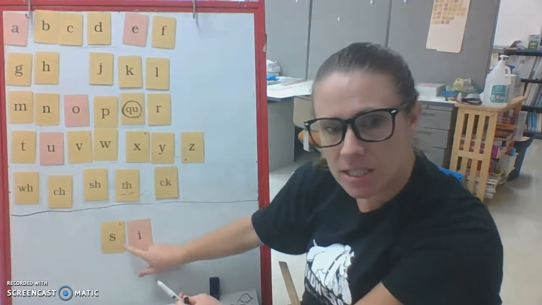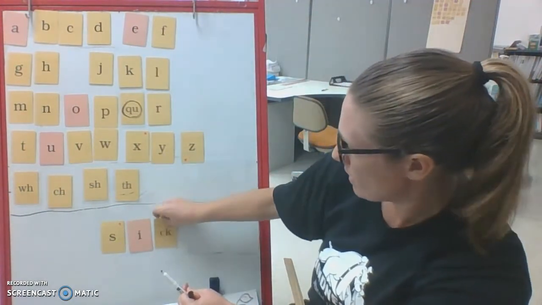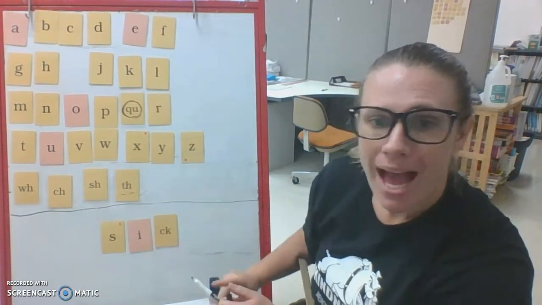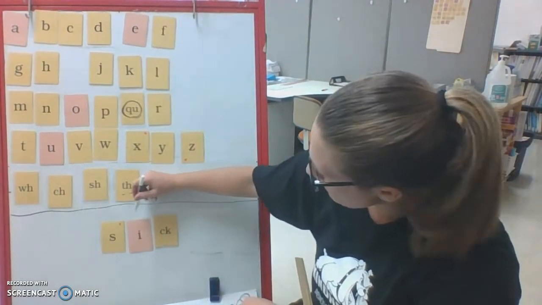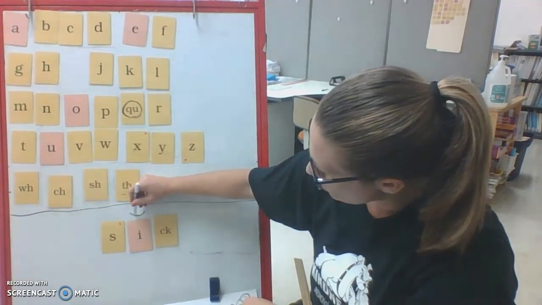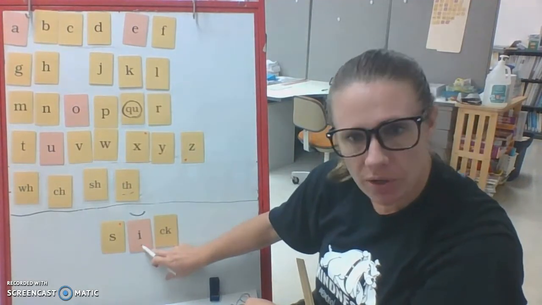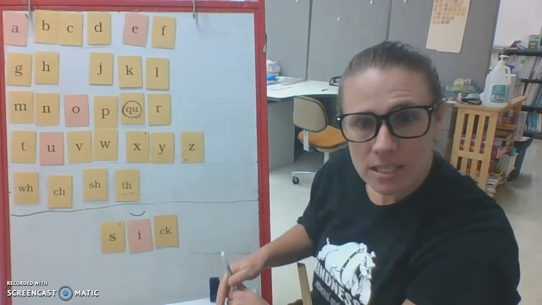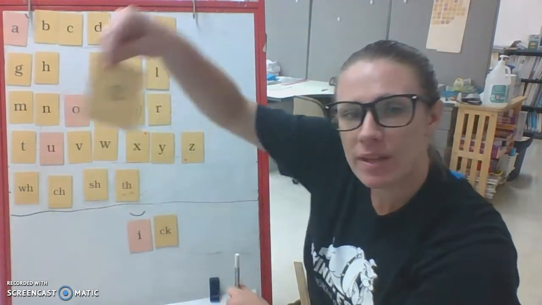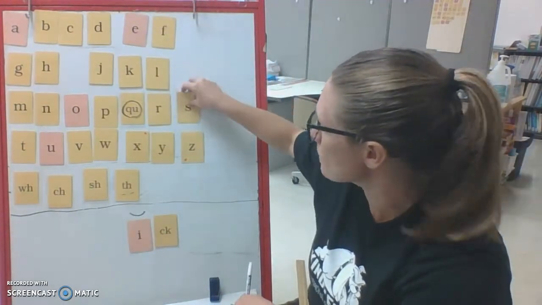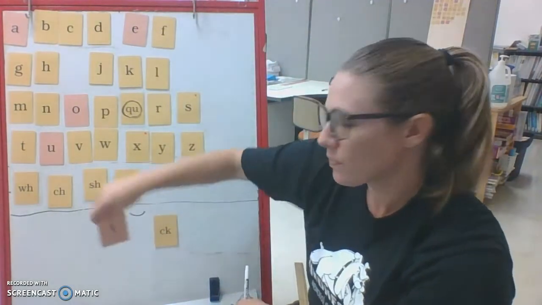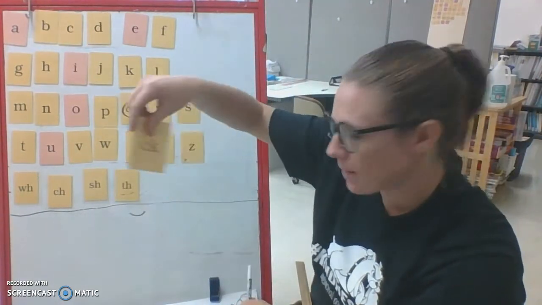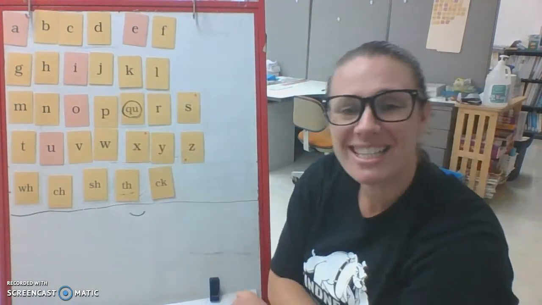You should have s, i, k, ck because it's after the short vowel. I don't want you to write on your board, but I'm going to draw this breve to show us that this i is a short vowel. It says i. Okay, let's spell our word away. S, put it back in the right spot on your board. I, CK.